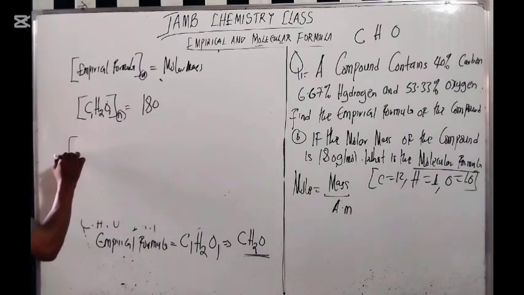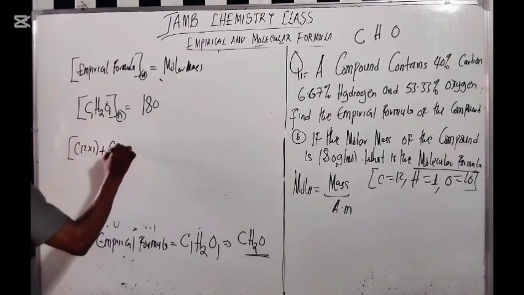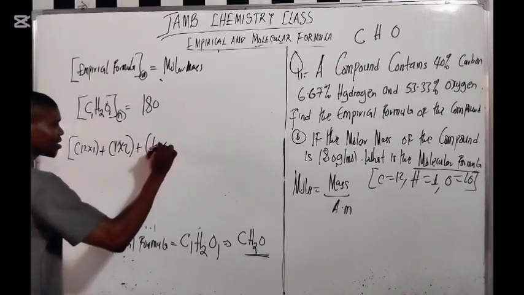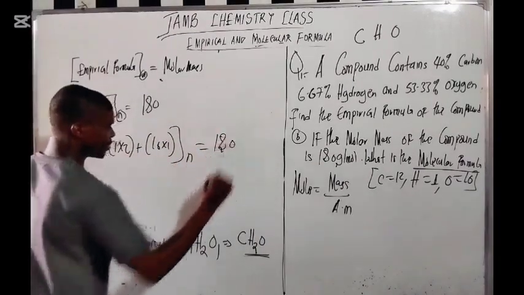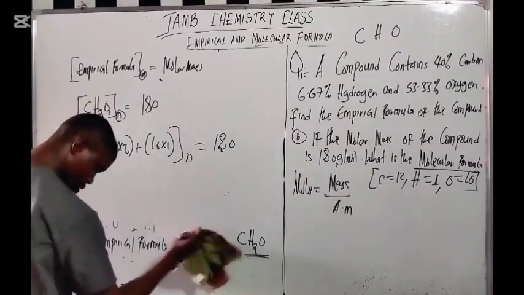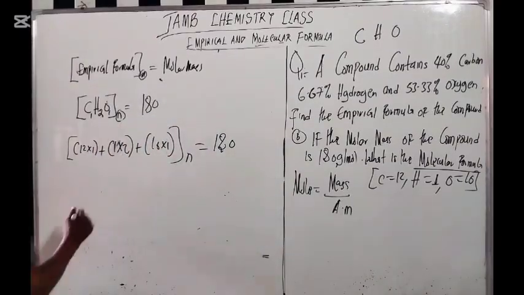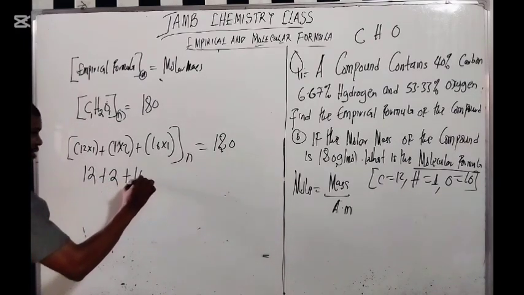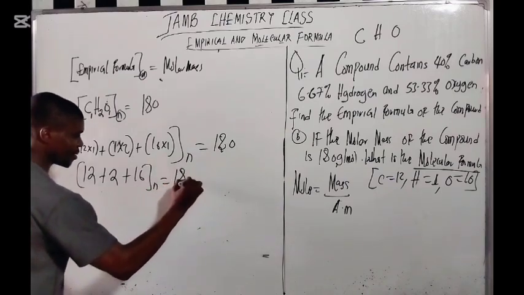Here we have 12 times 1 plus 1 times 2 plus 16 times 1, right? So what happened here? You got to go 12 plus 2 plus 16, times N, equals 180, right?